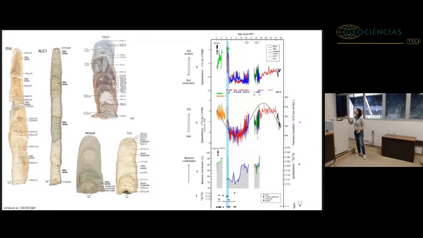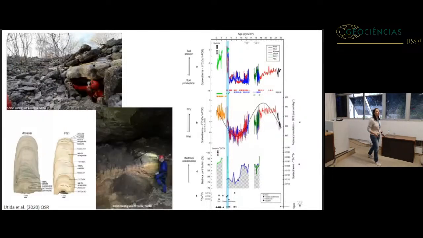Then I tried to find other things inside or outside the cave. Outside the cave there are no more soils, but we have some remnants of soils. Sometimes you can find soils in the fissures, and in some areas we have a little bit of soil. So I checked the strontium signal of these soils. And I also checked the signal of sediments inside the cave.